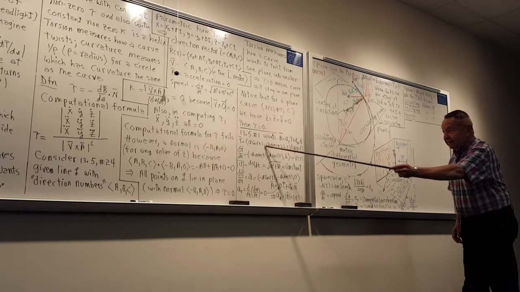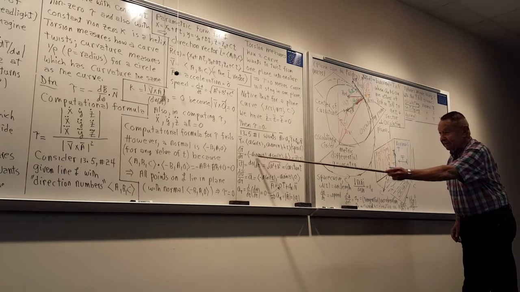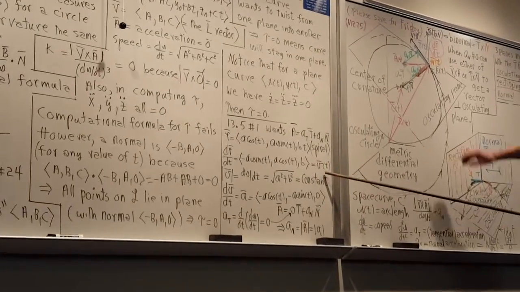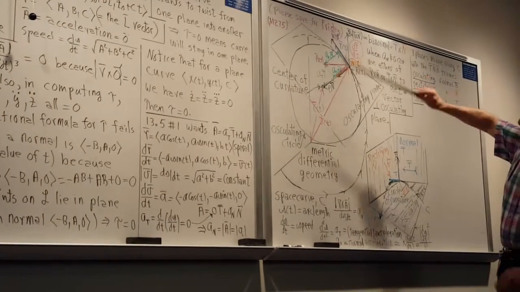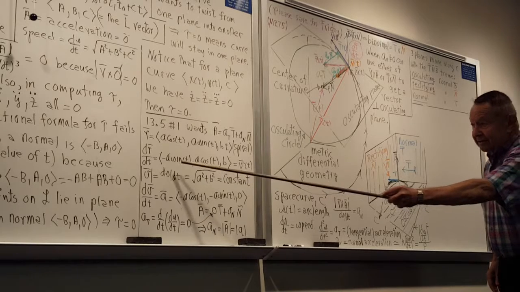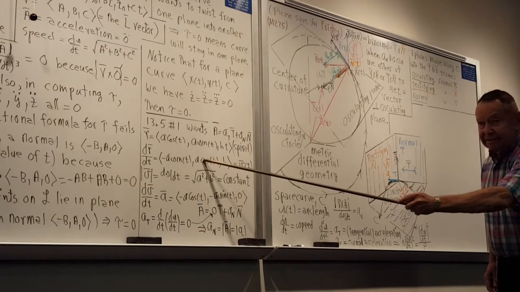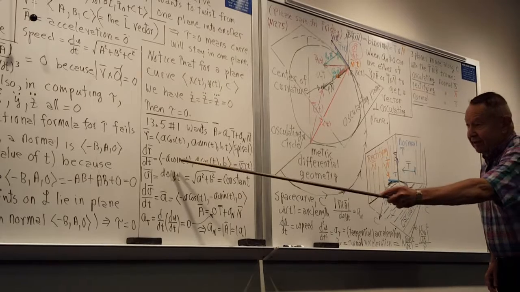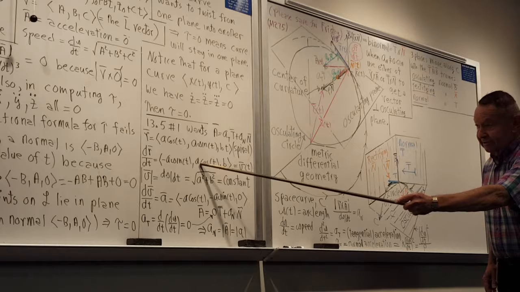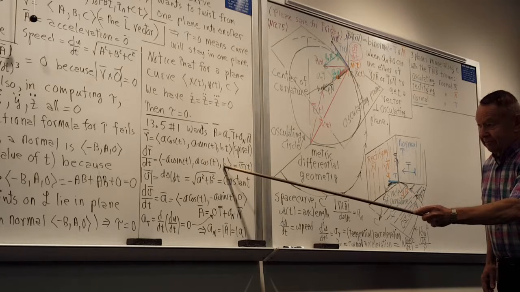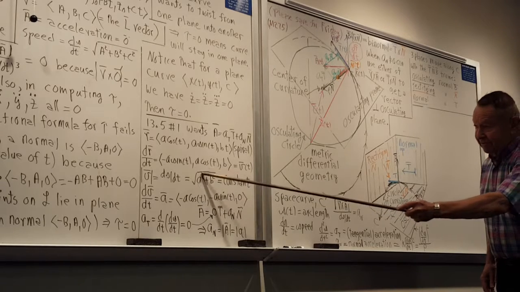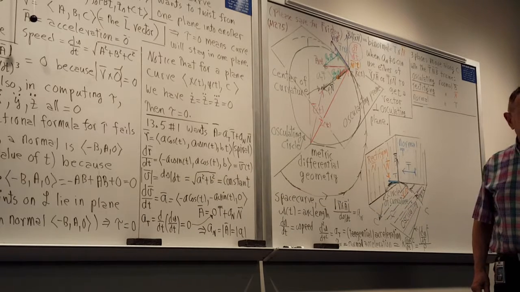Then your dr dt, doing your derivatives, will give you this, which is your vector velocity. So that's the purple. The magnitude is your speed. You see, if you do the dot product of this vector with itself, you'll get a square sine square plus a square cosine square, and then b square. So then you'll get square root of a square plus b square for your speed. So you're going with constant speed.